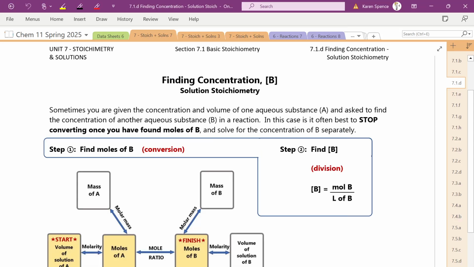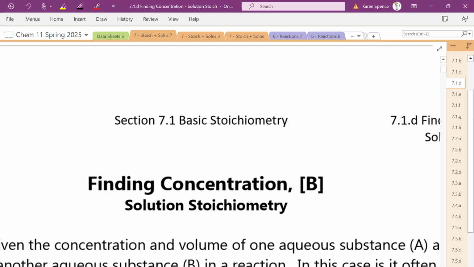All right, last day, we were looking at using molarity to find volume. Today, we are looking at the final step being finding the concentration. So, we're on page 20.